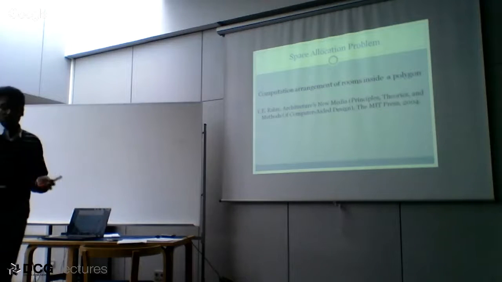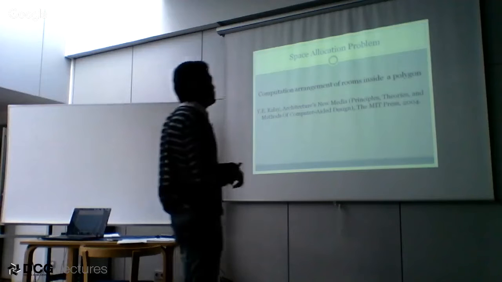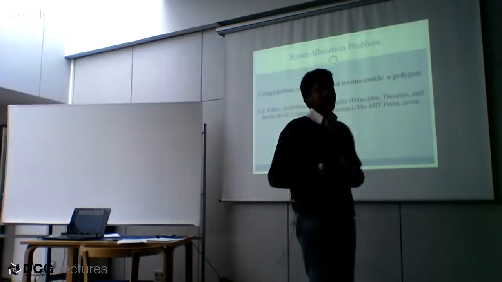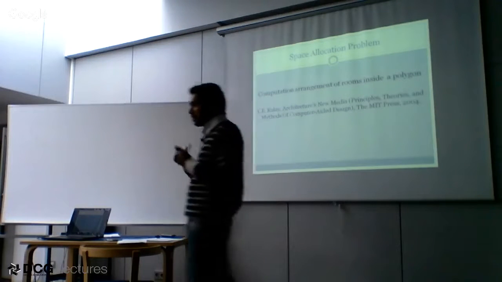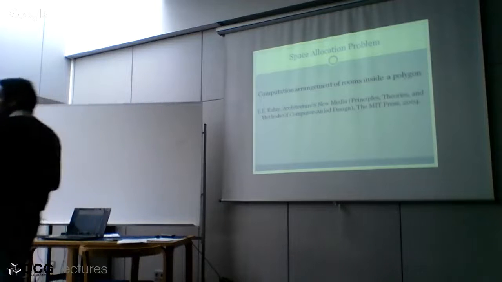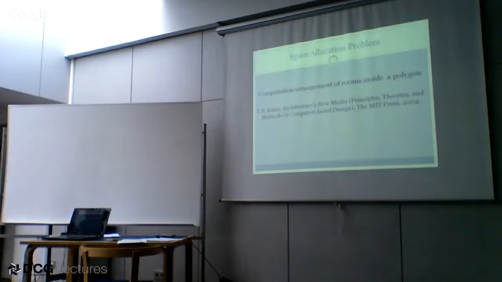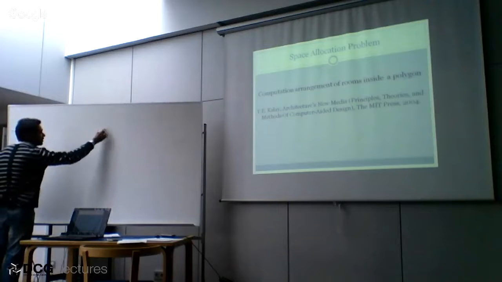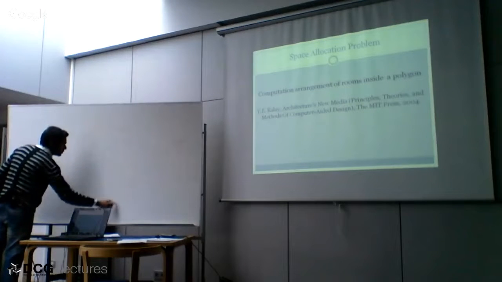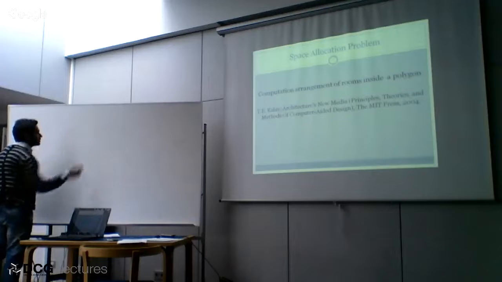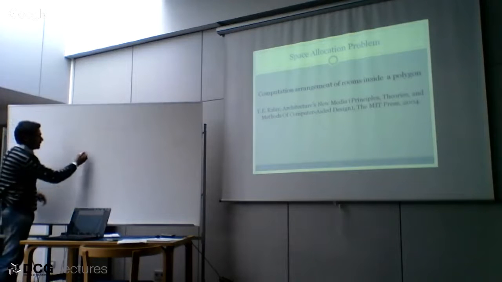So one of the related, well-known problems is the space allocation problem, which is the computational arrangement of rooms inside a polygon. So you are given some rooms of different sizes, in particular rectangles, and then you are given a polygon, maybe something like this, which is made up of straight lines.